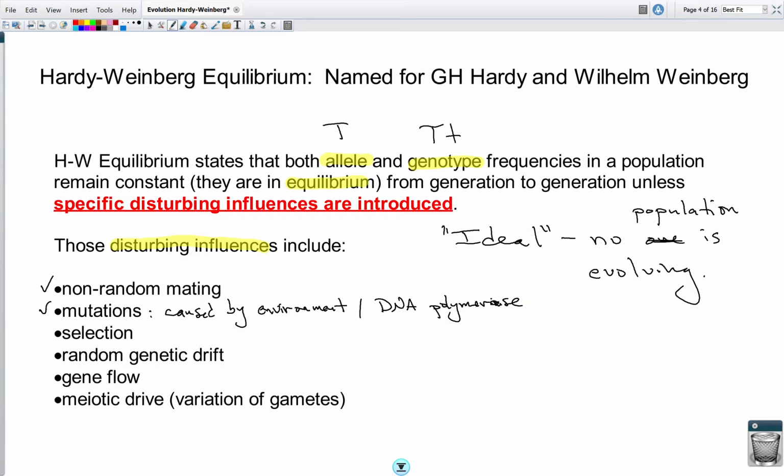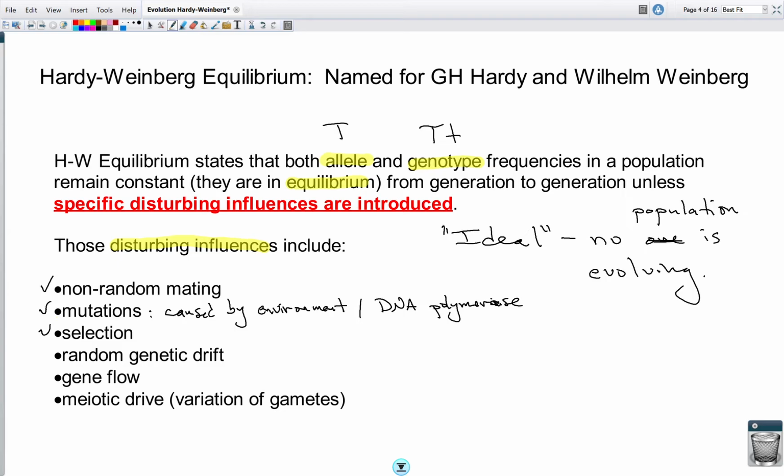We have mutation built into our system. So Hardy-Weinberg says, no, pretend like that doesn't happen. That's really hard to prevent because you can't prevent genetics from doing mutations. It just happens.